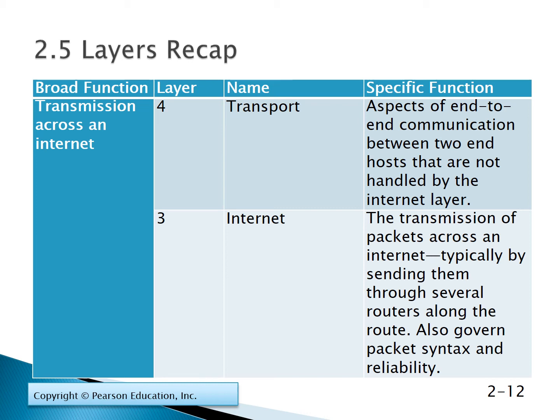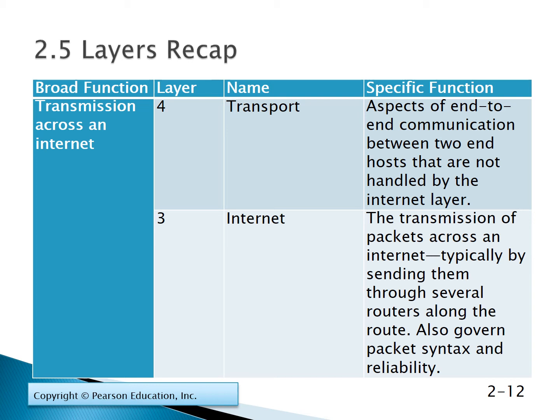And then layer 3 is the internet layer. It is about the transmission of packets across an internet, typically by sending them through several routers along the route. As we said, the message is passing through multiple networks, and the router is the interface between different networks. So the internet layer is about how we can successfully pass the message from one host to another host through the different routers.